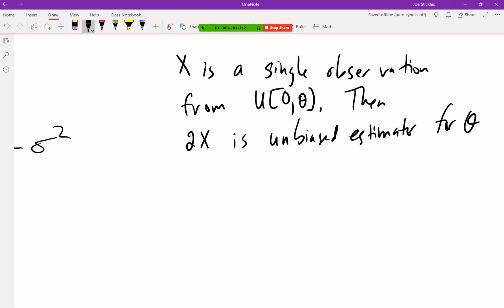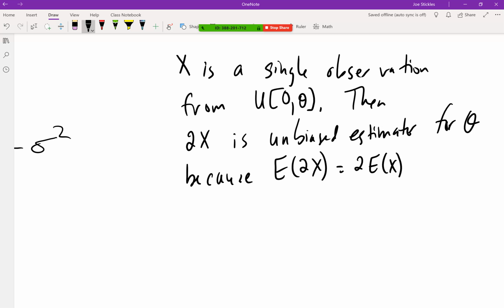And the reason for this is because if we do the expected value of 2x, well, that's 2 times the expected value of x. Even though x is just a single observation from the uniform distribution, if we do that single observation and then do another single observation, and do that over and over again, we essentially have that uniform random variable.